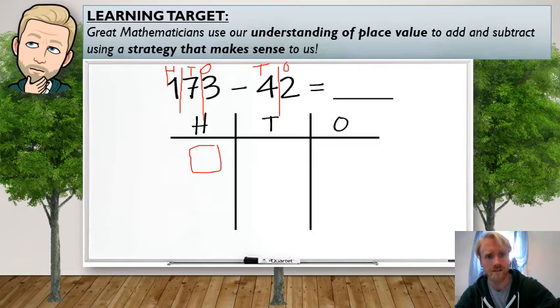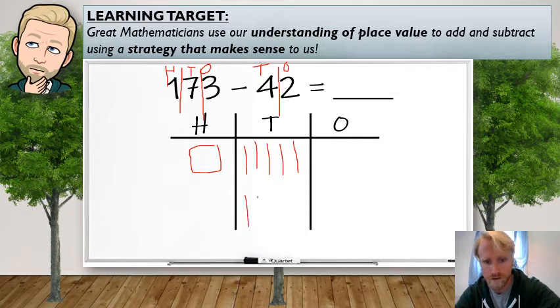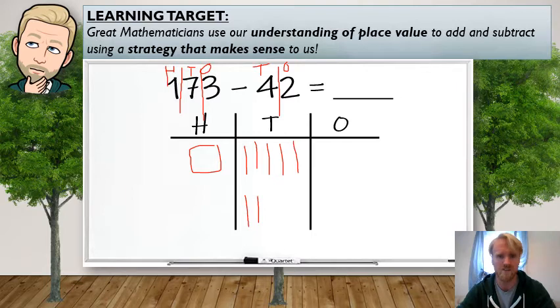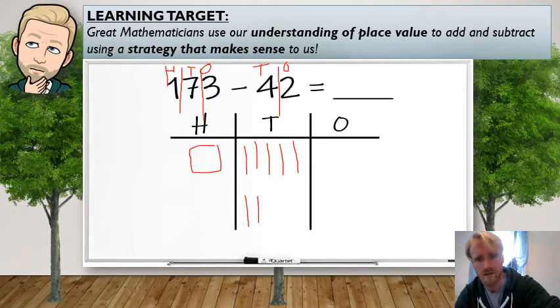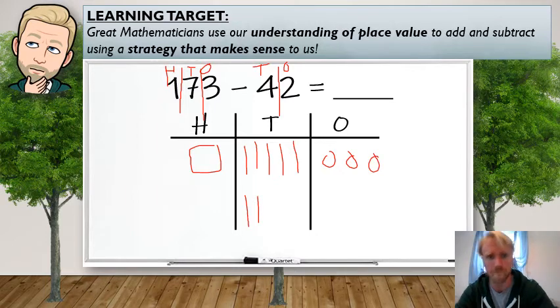I see there are 7 tens, so I'm going to draw 1, 2, 3, 4, 5, 6, 7. I like to do rows of 5. It makes it easier to group things together and visually see it. And then I need 3 ones. 1, 2, 3. All right, so I've got 173 represented.